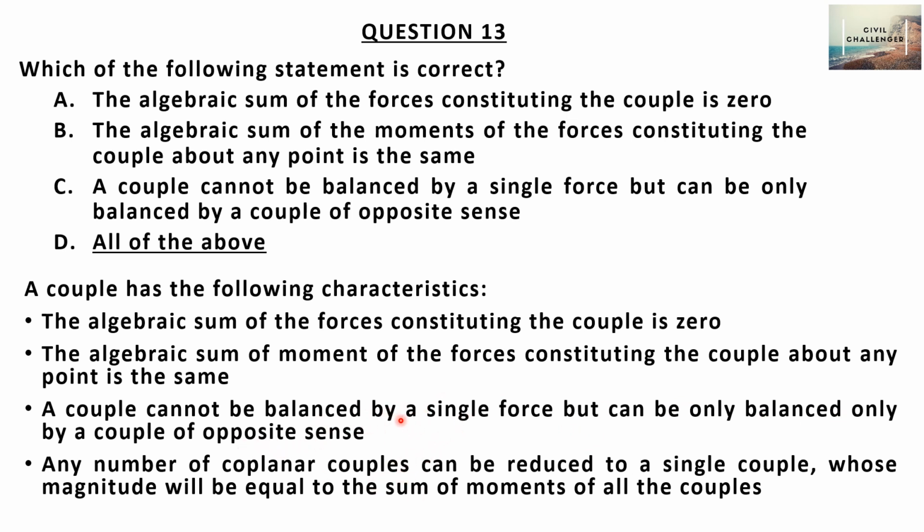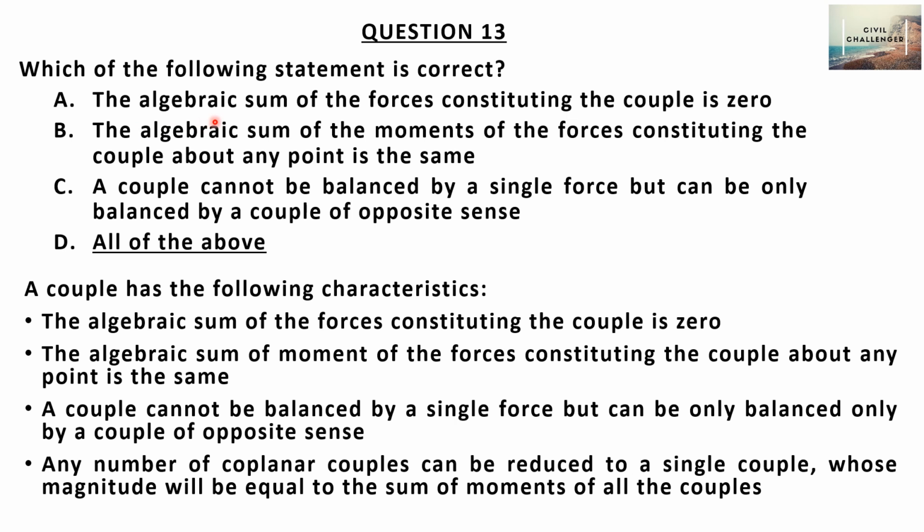And also, any number of coplanar couples can be reduced to a single couple. If there are a number of coplanar couples, they can be reduced to a single couple, and the magnitude of this single couple will be the sum of the moments of all the couples. Okay, so the correct answer is option D. Which of the following statements is correct?